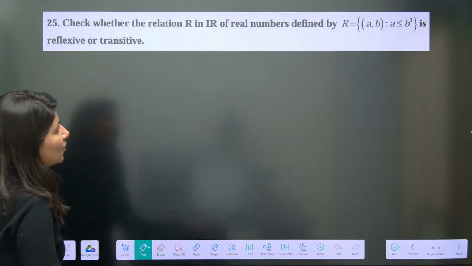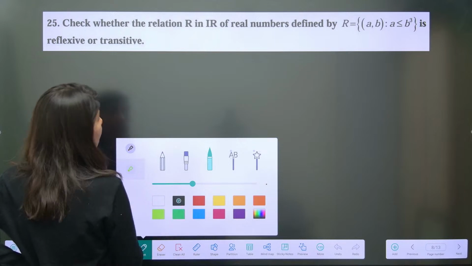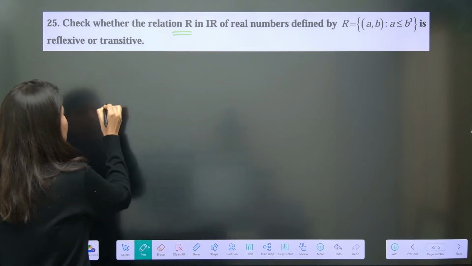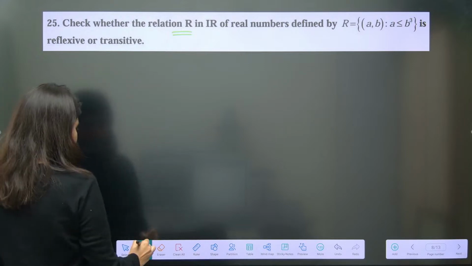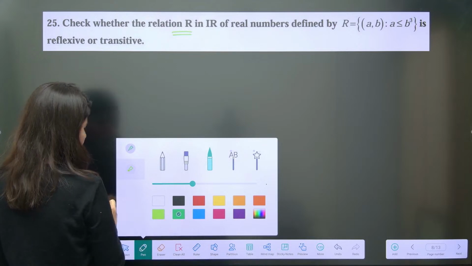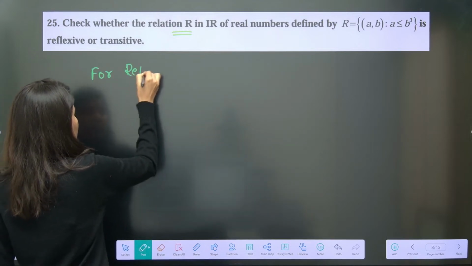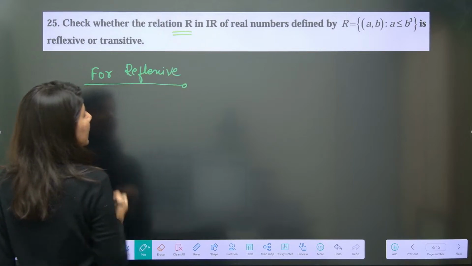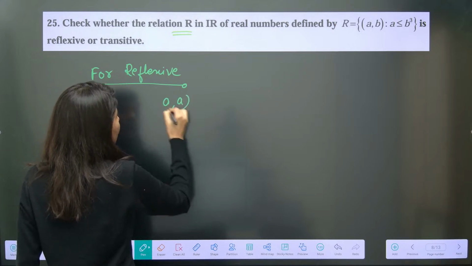So see, again this is defined on relation R. So clearly, for reflexive we have to check. So for reflexive, A comma A should belong to R.